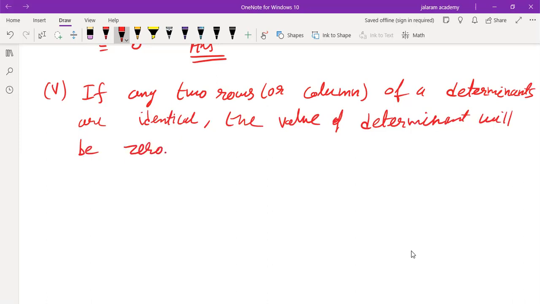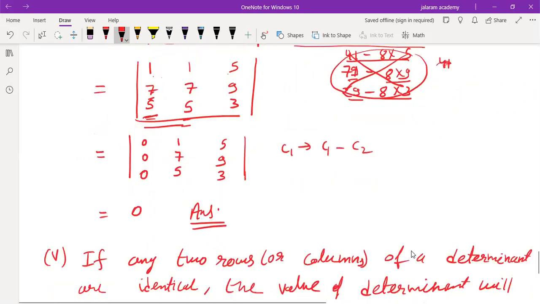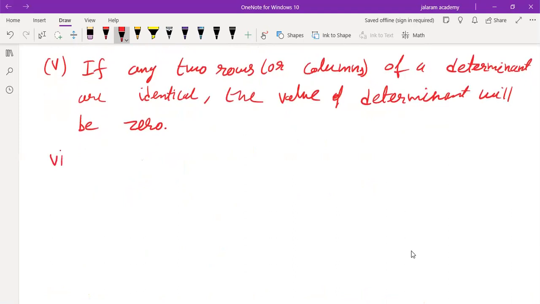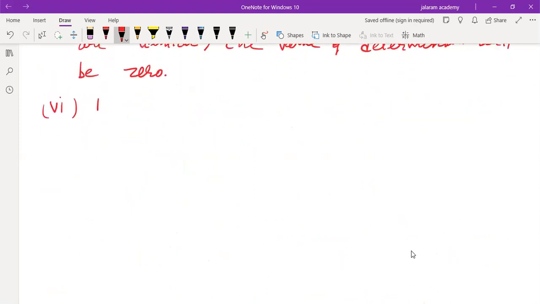If any two rows or any two columns of a determinant are identical, then the value of that determinant will be 0. The example is this. Okay. And sixth property can also be determined. If all the elements of a row or a column are 0, then value of that determinant will be 0.